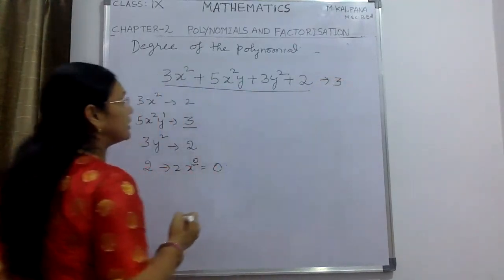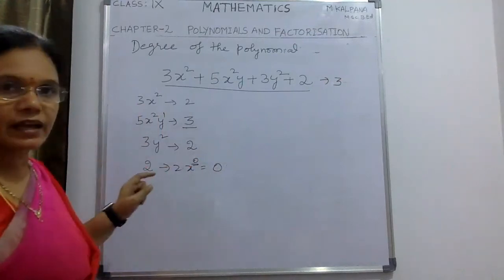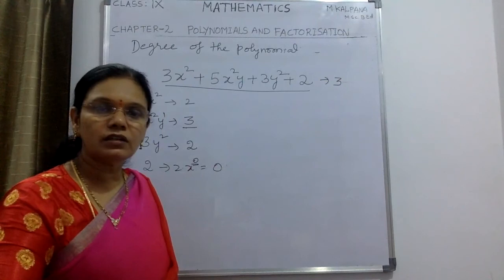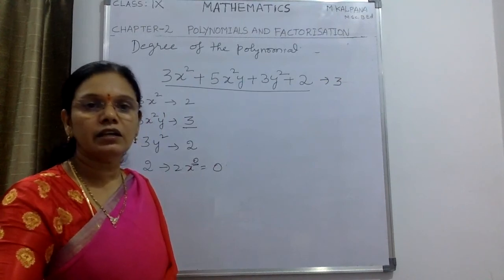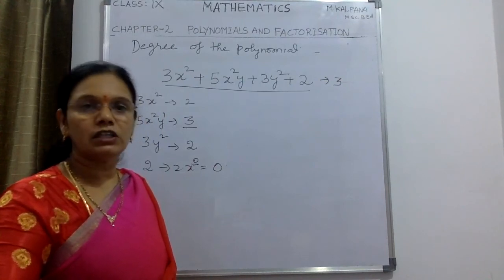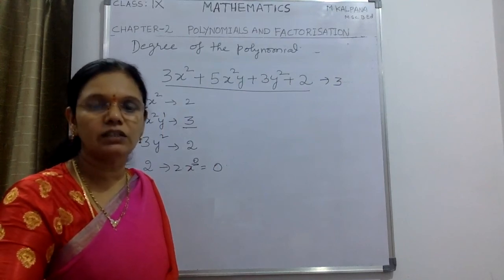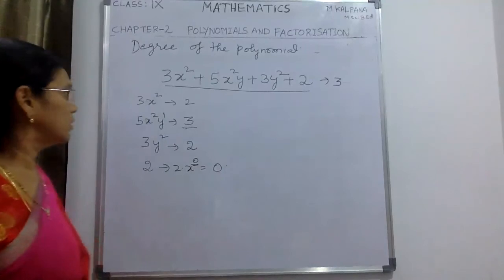Now you can define the degree of the polynomial as the highest of the degrees of all terms. The highest degree among all terms is called the degree of the polynomial.